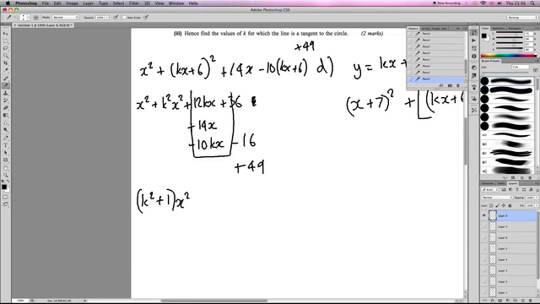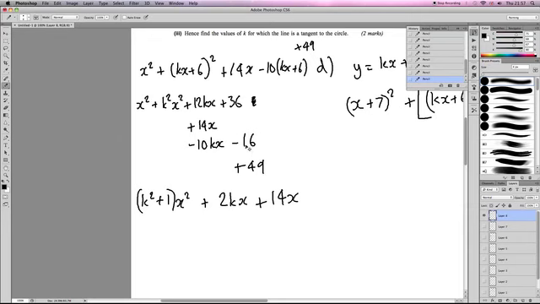I need to collect all these together. Because this one is not a common term of this one and this one, I can only do 12kx minus 10kx. So that is plus 2kx, and then it's plus 14x, and collect all the numbers together.